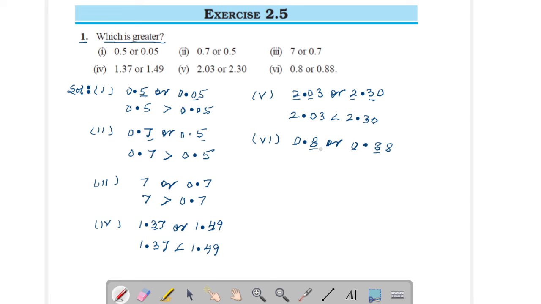Now after decimal, second place, that is hundredth place, here it is not written, it means it is 0 and here it is 8. 0 is less than 8. So we can say that 0.8 is less than 0.88, or this can also be written as 0.88 is greater than 0.8.